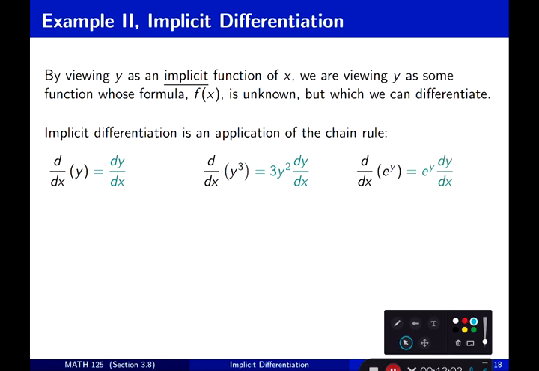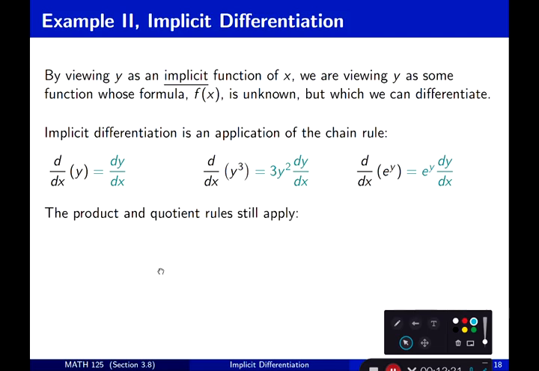Now if I'm taking the derivative with respect to x of e to the power y, again, it's the chain rule. The outside function is e to the power u, so that would be e to the power y, but you have to take the derivative of the inside function, that's dy dx.